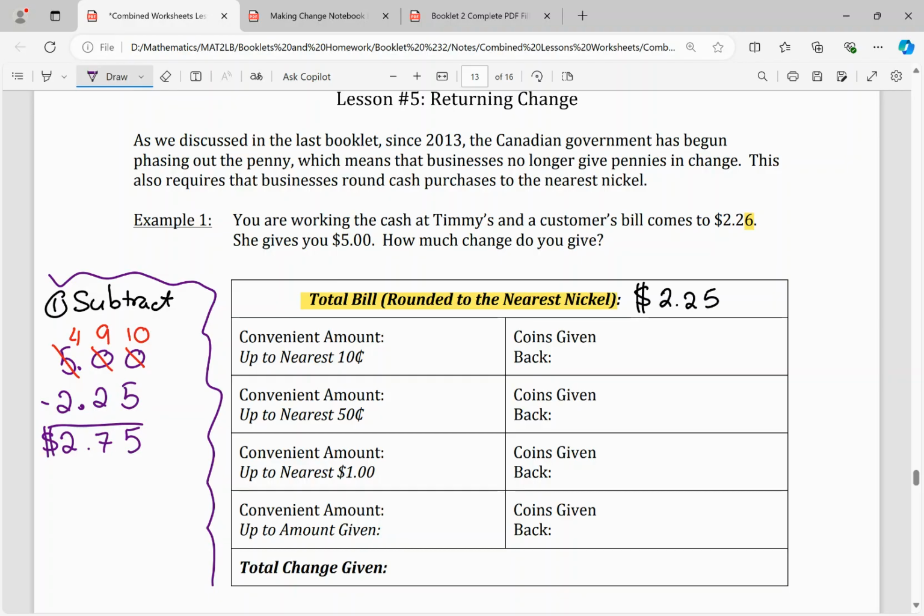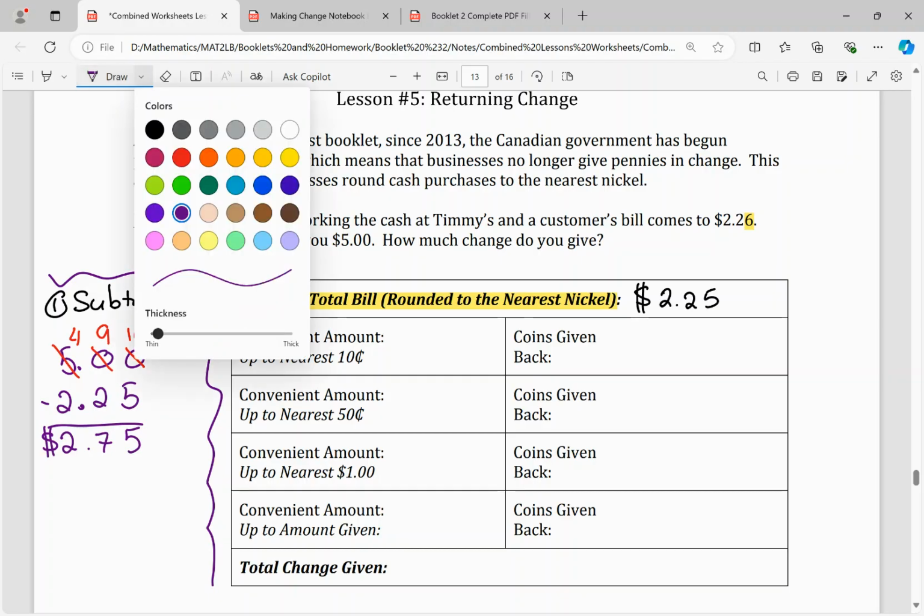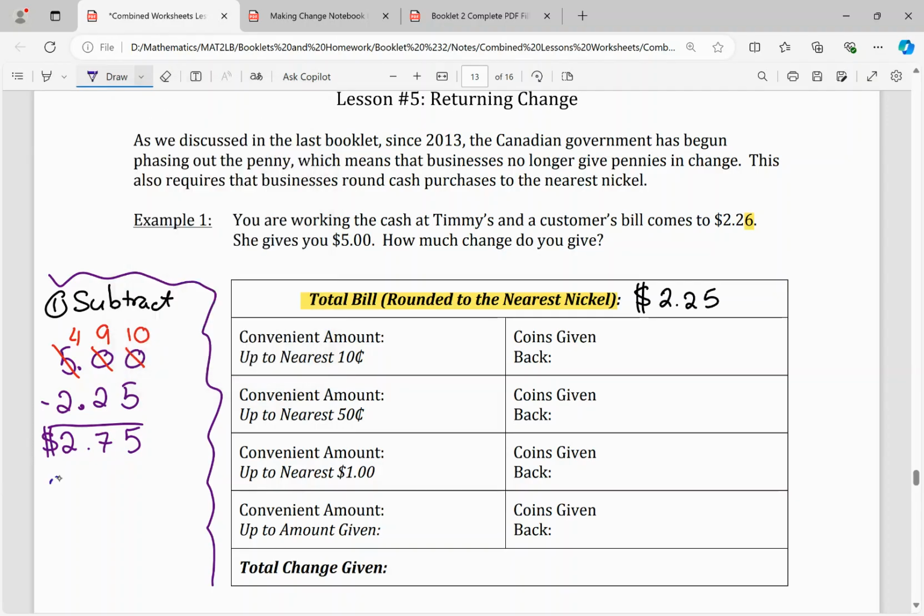So one way that you could calculate the change that you need to give back is by subtracting and then simply using coins to make up $2.75. In this case, you could do that with 2 loonies as well as 3 quarters. If you prefer, another way to solve the same problem would be the following.